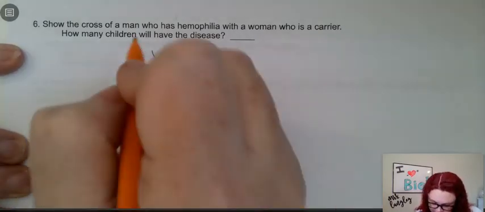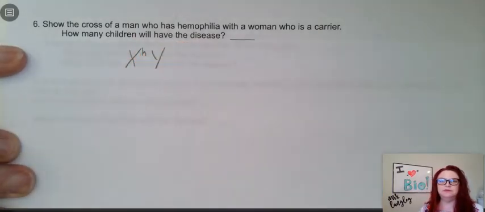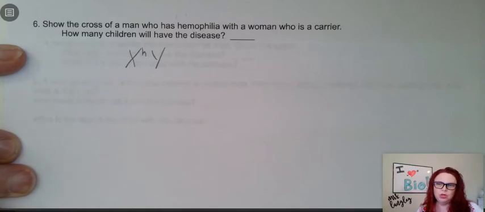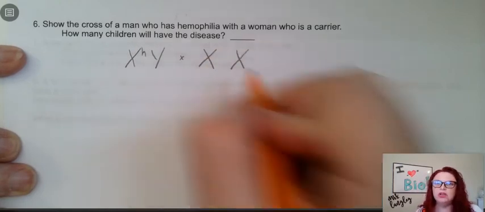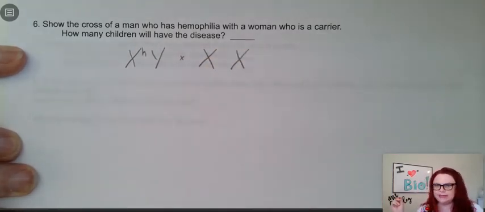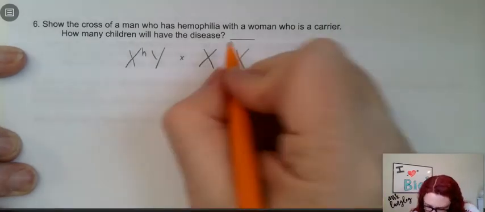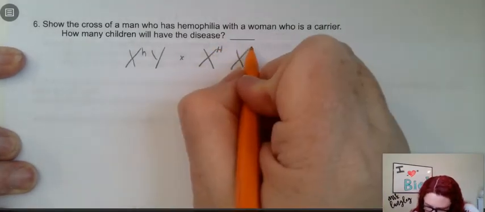Remember, that's recessive. With a woman who's a carrier. So crossed with a woman who is a carrier. That means she doesn't have it, but she does carry one of them. Like this.